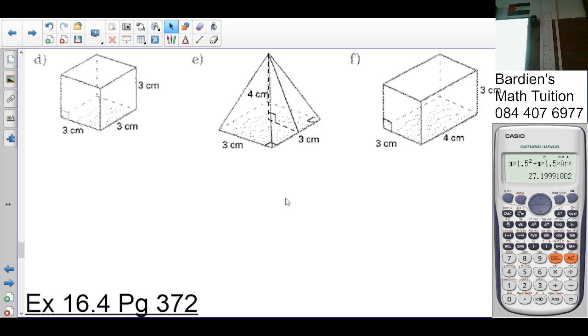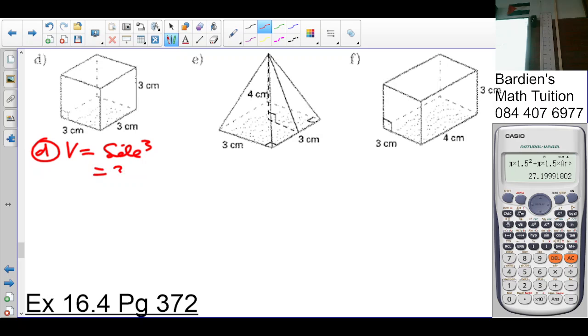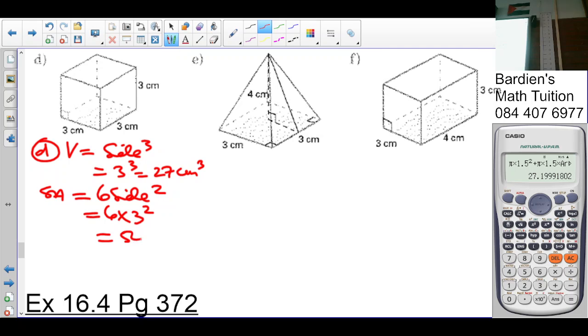So, if this is a cube, how do you calculate the volume of a cube? Length times breadth times height, which is side cubed, which is 3 cubed, which is 27 centimeters cubed. If it's the surface area, it's going to be 6 sides squared, not so, which is 6 times 3 squared. And 6 times 9 is 54. Yeah, 54 centimeters squared. Is that correct?